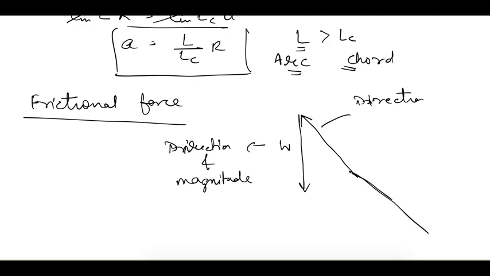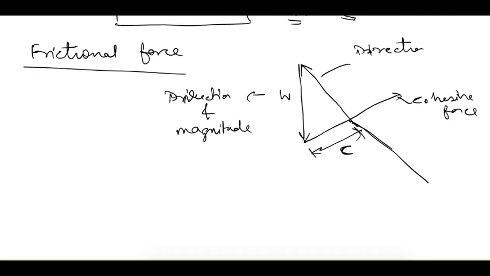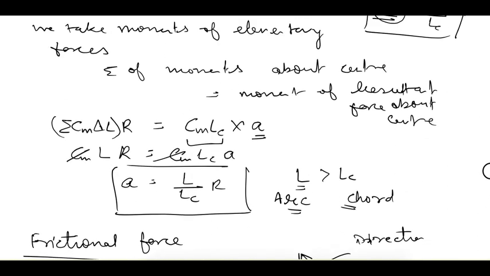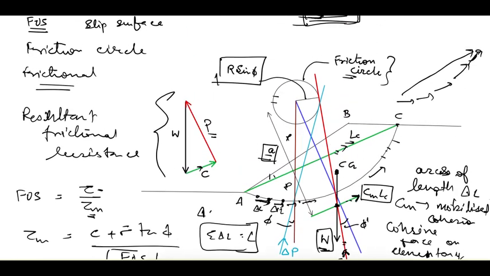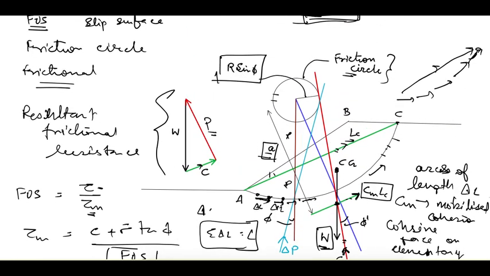Now the third force is our cohesive force. For that also we know the direction, and we know that it will start from here. So here we draw our cohesive force. Now this length is our total cohesion C, and we also know that total cohesion C is equal to Cm into Lc, as I said earlier, using this force polygon.